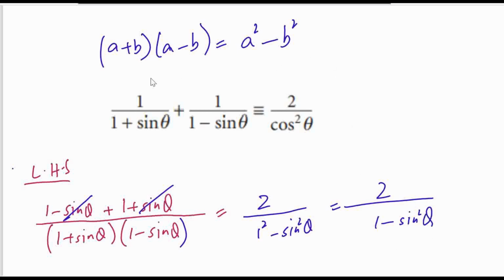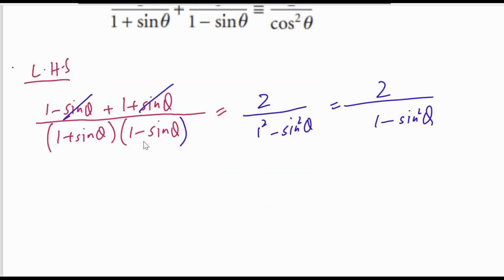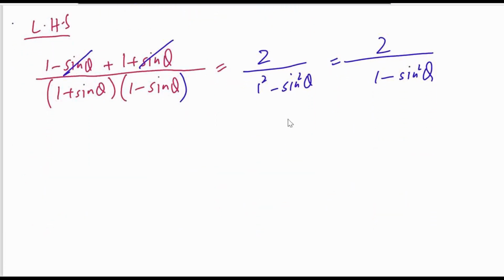Now again we know the identity that cos square theta is equal to 1 minus sine square theta. So this will be 2 divided by cos square theta. This is the right hand side, and that's what we have to find out. This will be the final answer.